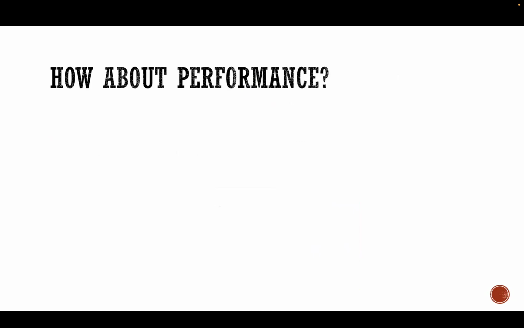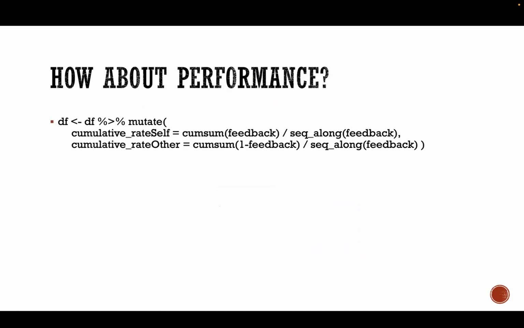How about performance? We calculate the cumulative rate for self and the cumulative rate for other. Basically, they're the mirror of each other because the feedback tells us the points that the Win-Stay-Lose-Shift agent is getting. And so 1 minus that tells us the points that the biased agent is getting, right?